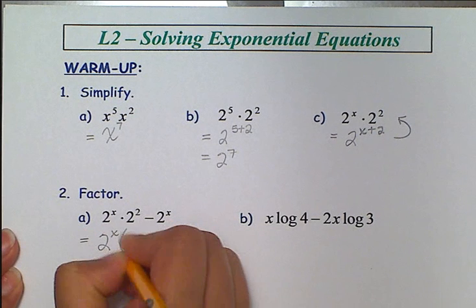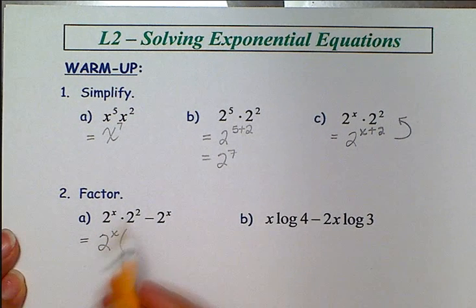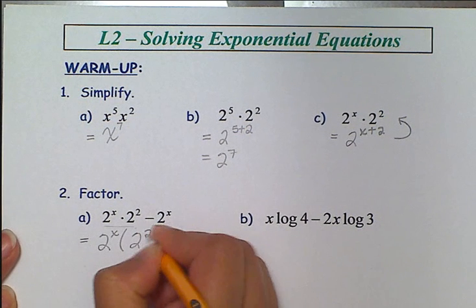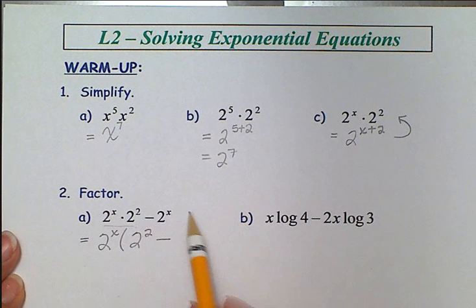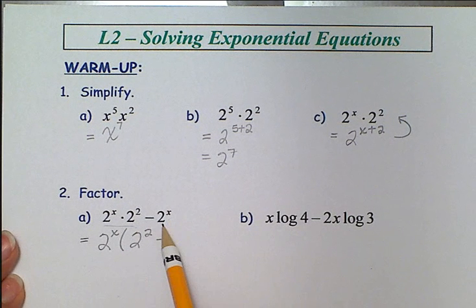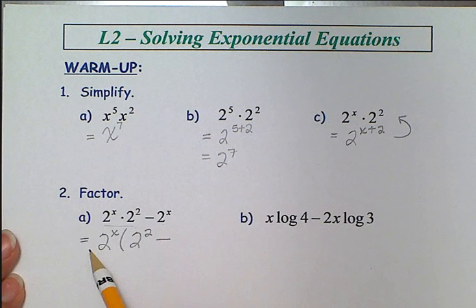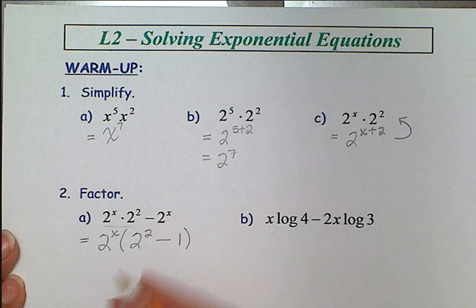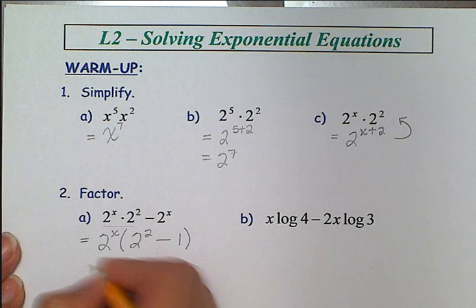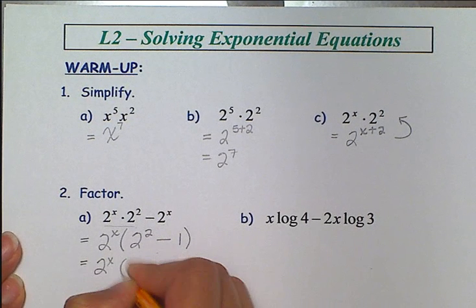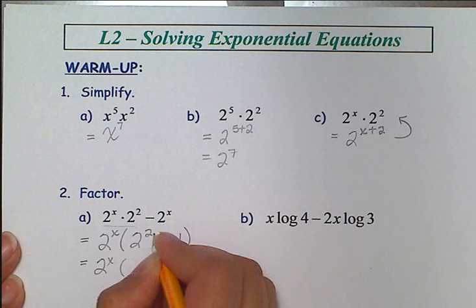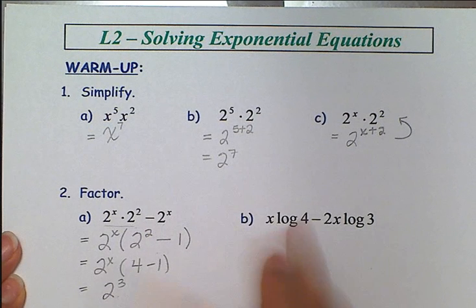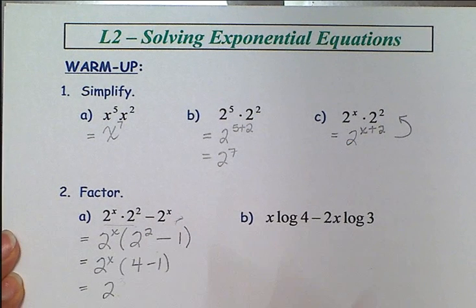If I factor out 2 to the exponent x from the first term, I'd be left with 2 to the exponent 2, minus, if I factor out 2 to the exponent x from the second term, 2 to the exponent x divided by 2 to the exponent x gives me a result of 1. And if I look inside the brackets, I can simplify this part, and I get 2 to the exponent x multiplied by 2 to the exponent 2, which is 4, minus 1. And so this is 2 to the exponent x, multiplied by 3.